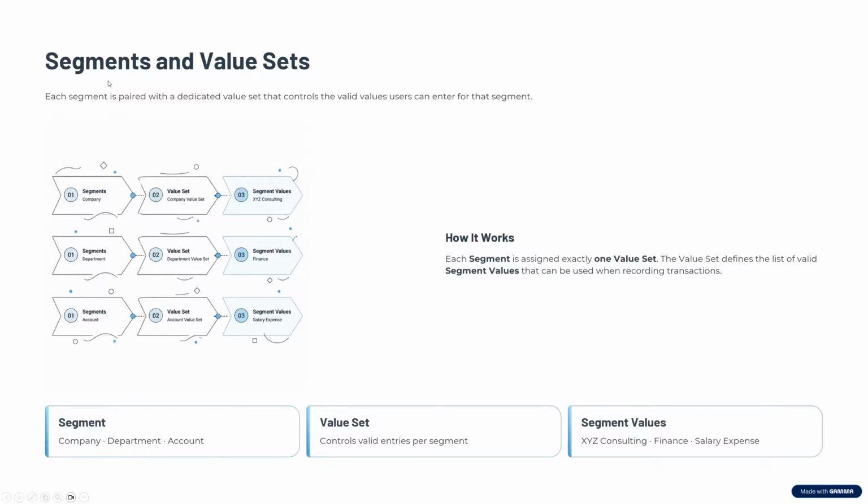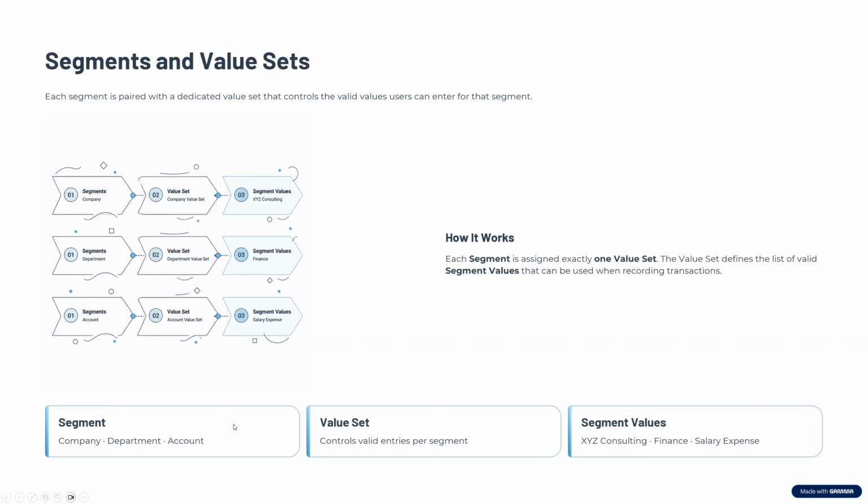How do these segments and value sets work, how does the accounting code combination work? Each segment is assigned to exactly one value set. The value set defines the list of valid values that can be used when recording the transactions. Got my point?